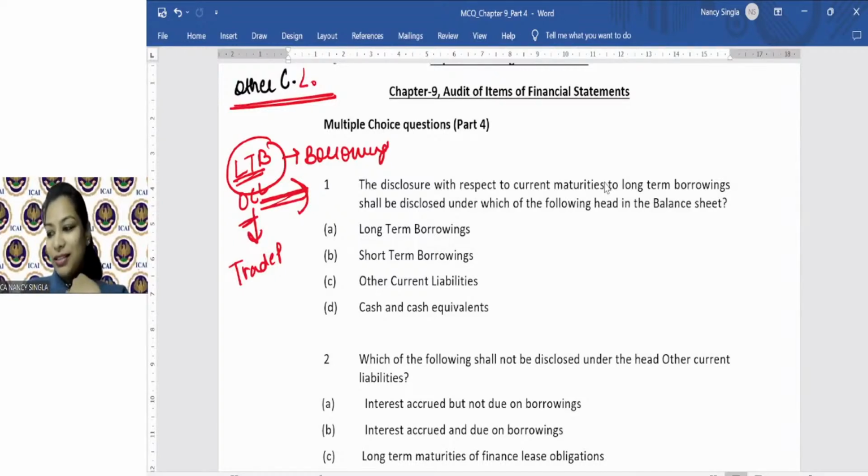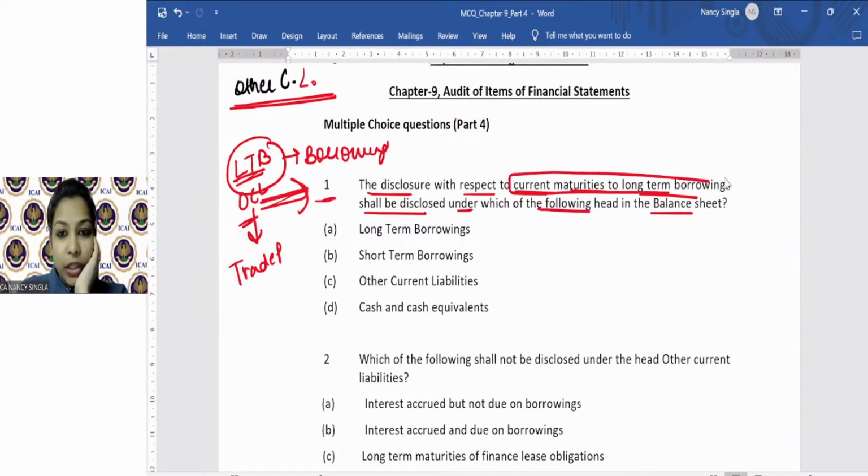Look, now some correct answers have started coming. So let us read this question. The disclosure with respect to current maturities to long-term borrowings shall be disclosed under which of the following head in the balance sheet? So look, if I tell you, the answer is hidden in the question itself.